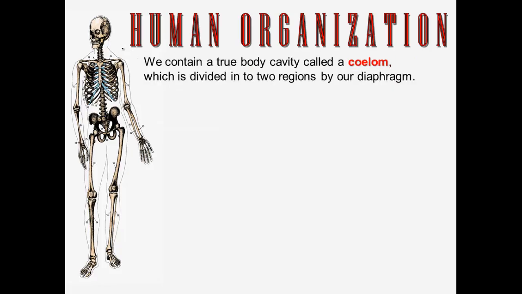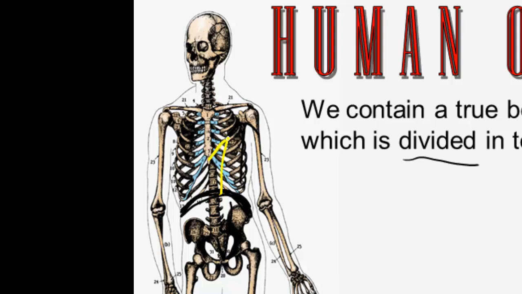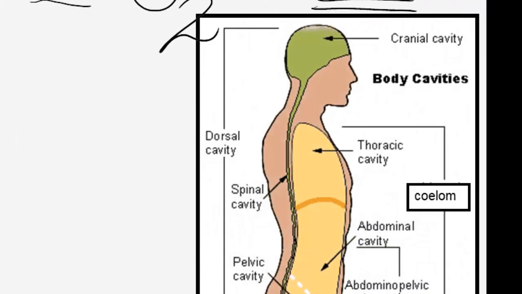We also have a true body cavity, and that's called a coelom, which you might remember if you took Biology 11. And in the human body, the coelom is divided into two regions, and it's separated by the diaphragm. So if you look over here, there's an upper cavity, here's your diaphragm, and a lower cavity below the diaphragm. Those two cavities are called the abdominal cavity, which is beneath the diaphragm, and the thoracic cavity, which is above the diaphragm.